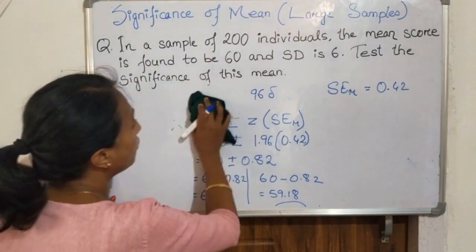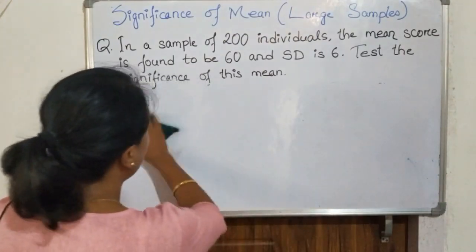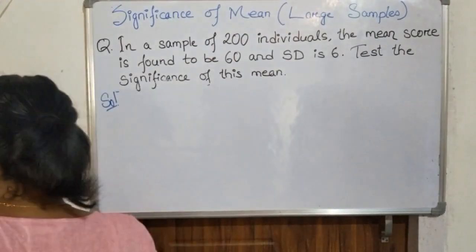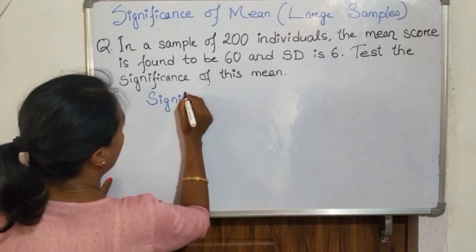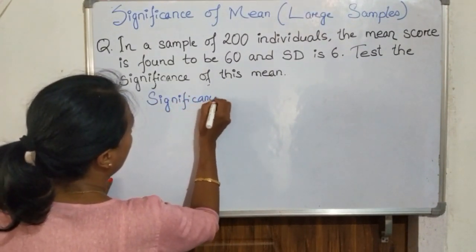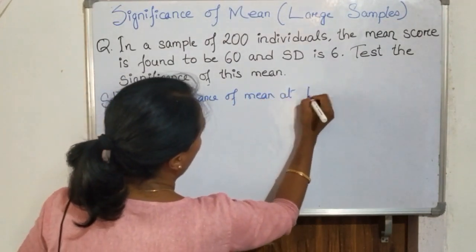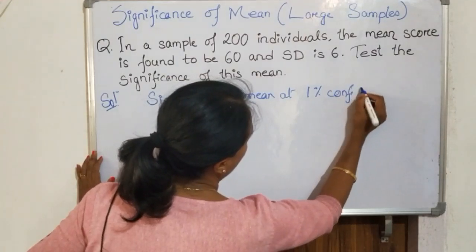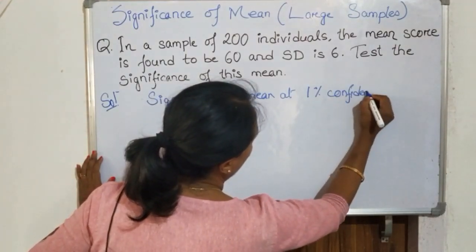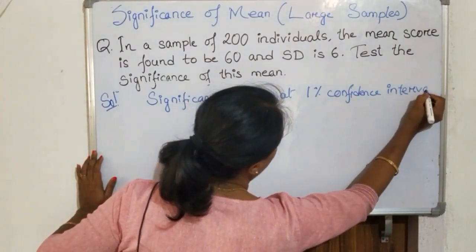Now let us go to 1%. The same thing we will write again: significance of mean at 1% confidence interval.